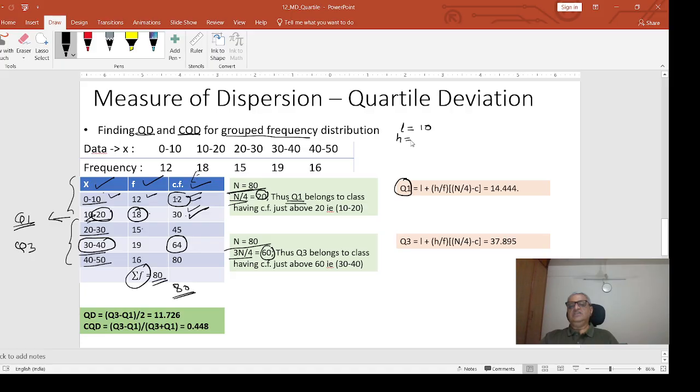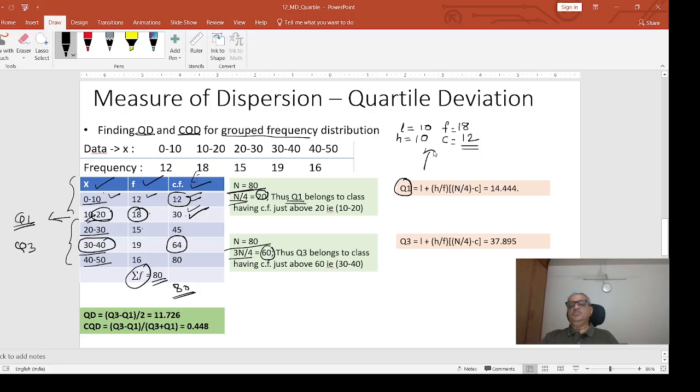H is the class interval, which is also 10. What is F? F is the frequency of the Q1 class, which is 18. And what is C? C is the cumulative frequency of the previous class, which is 12.